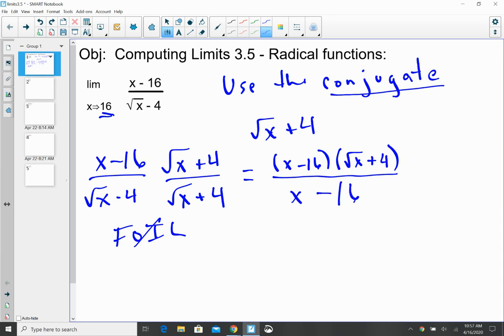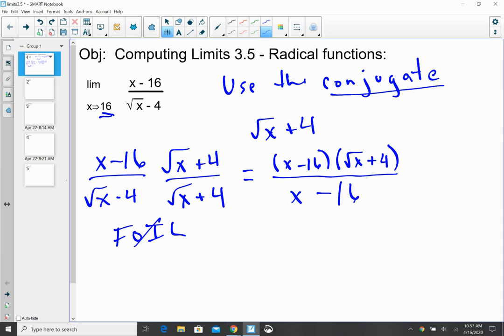Now, the reason why that works with conjugates, and only conjugates, is because when you multiply the outsides and the insides together, the radical x with the positive 4 and then the negative 4 with the radical x end up canceling out. Conjugates always behave that way. Again, I want to stress conjugates. All right, back to the problem at hand.